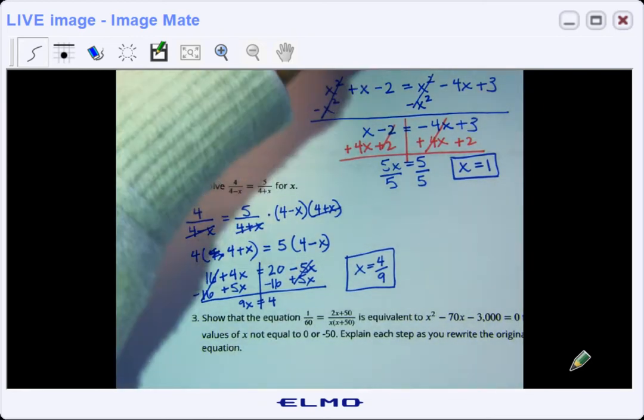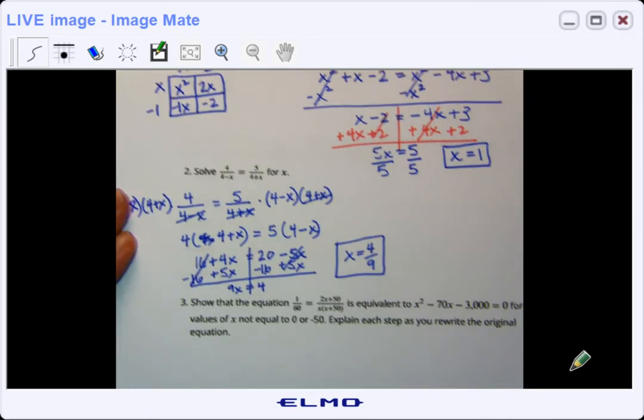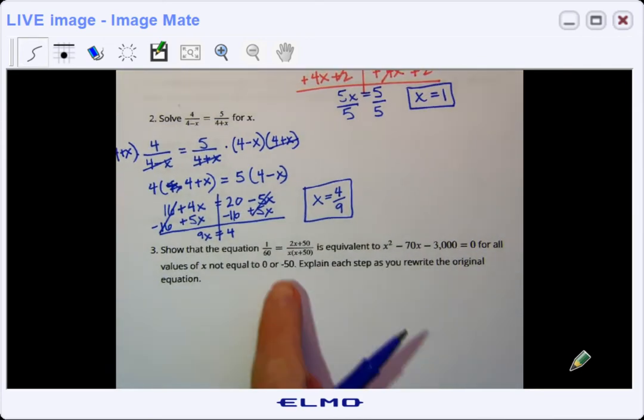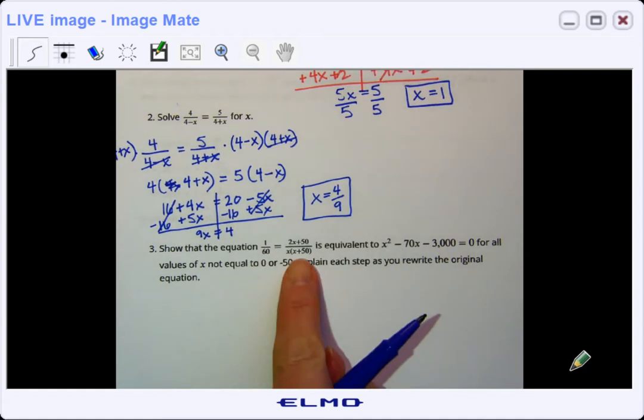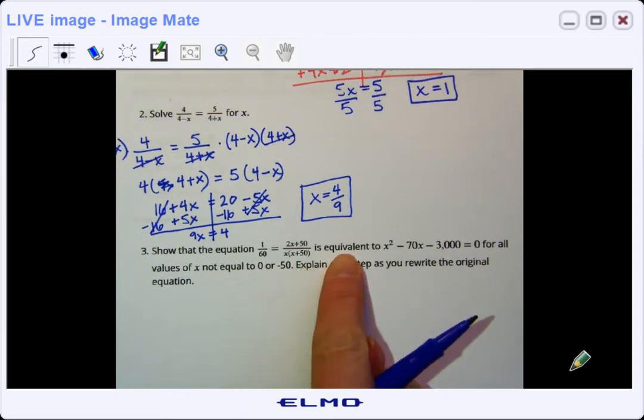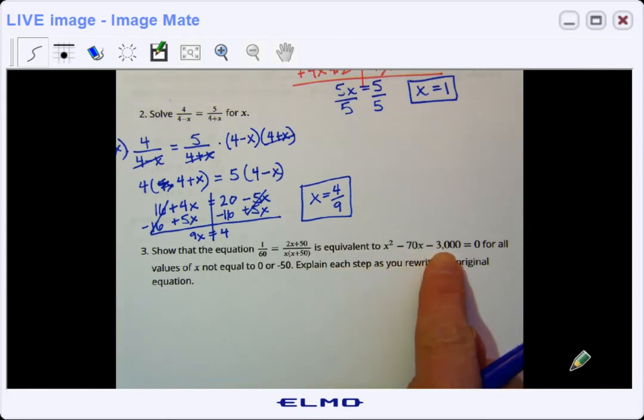All right, on number 3, it says to show that the equation 1 over 60 is equal to 2x plus 50 over x times x plus 50. Show that that is equivalent to x squared minus 70x minus 3,000 equals 0.